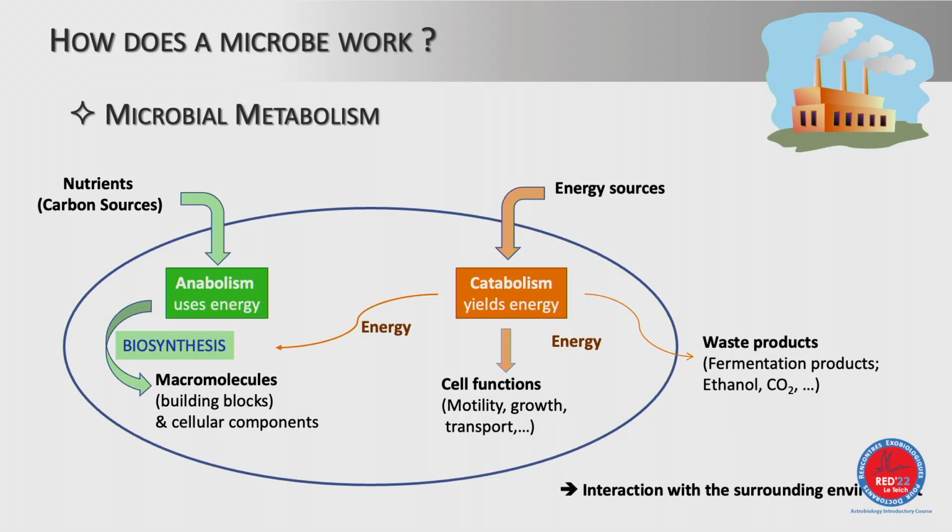And how does a microbe work? The microbial metabolism relies on carbon sources, so all the nutrients, and energy sources. The cell needs to find carbon sources and energy from the environment. The carbon sources, we call this metabolism anabolism.